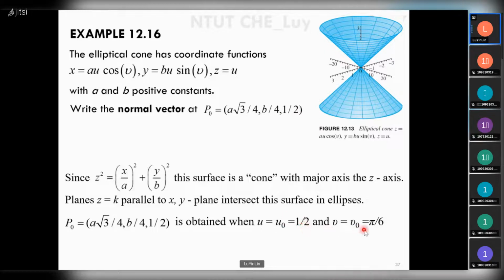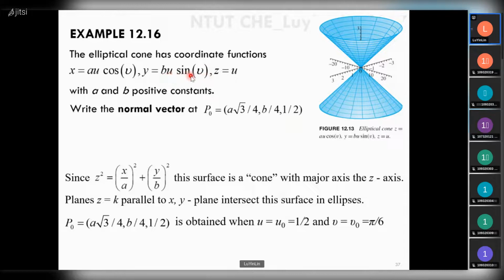So how to get V0? Try to use X over Y. It's okay to use either one. Let's use Y. Y is equal to B over 4. Y is equal to BU sine V, right?